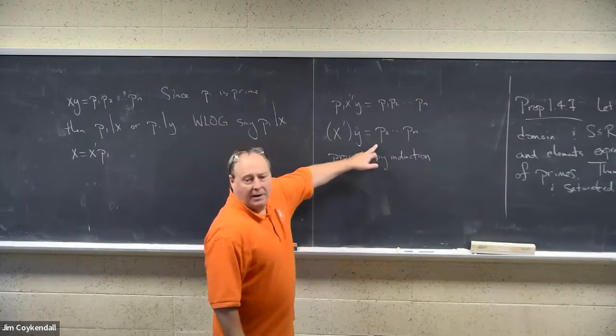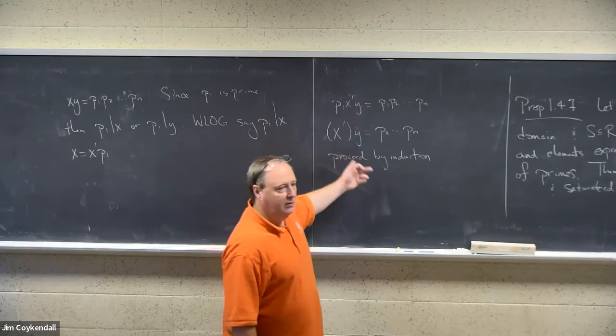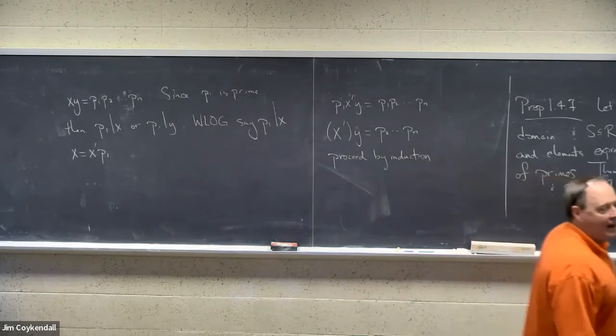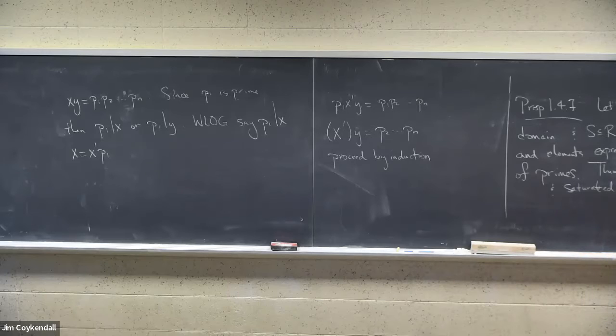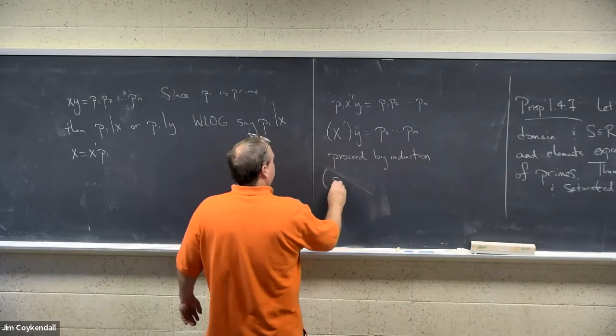You start over; P2 has to divide one of these, and so forth. You eventually get down to the point where you're at a unit. So the set is also saturated. Any questions? Let me finish my thought here.